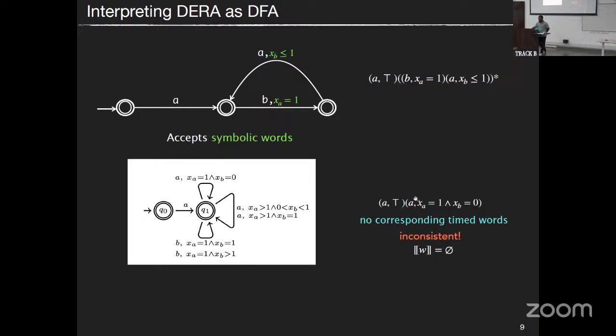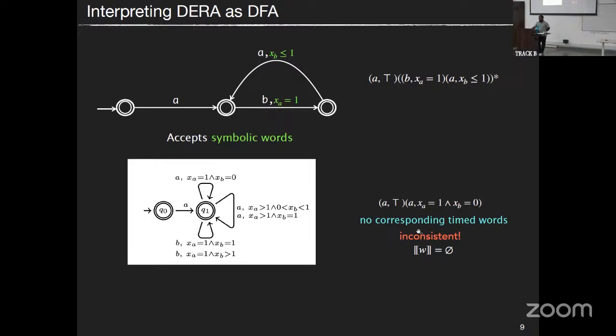What do I mean by that? If you look at this word, a comma true and a comma this guard, it can be read in this automaton if you treat it as a DFA. However, this is inconsistent. There is no concrete timed word corresponding to this symbolic word.